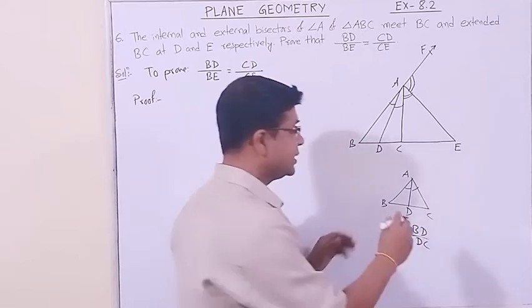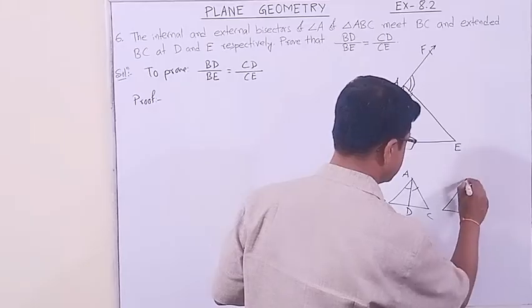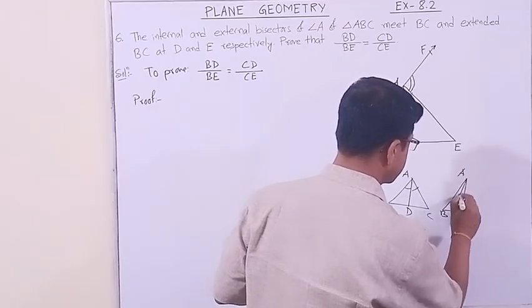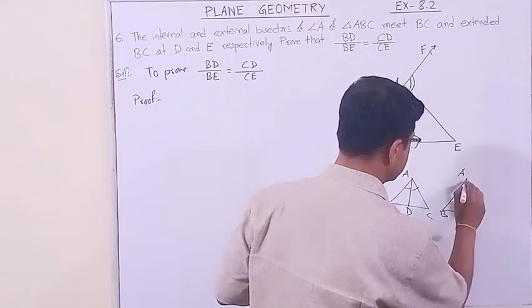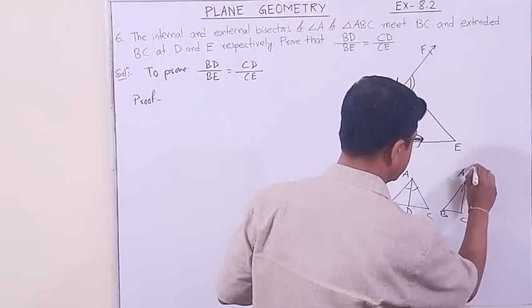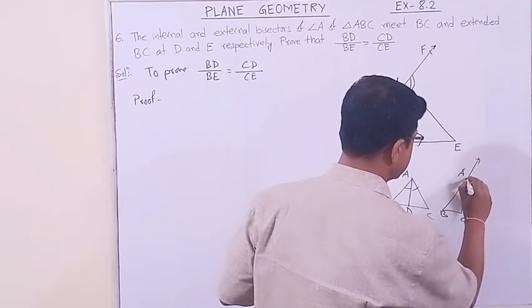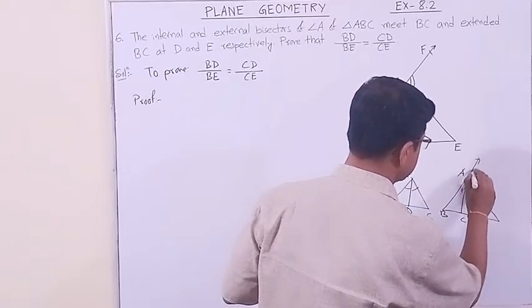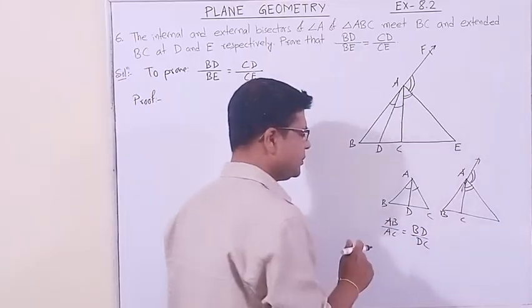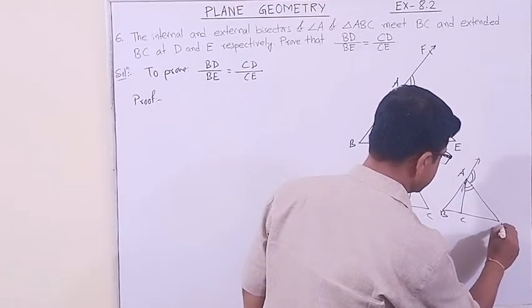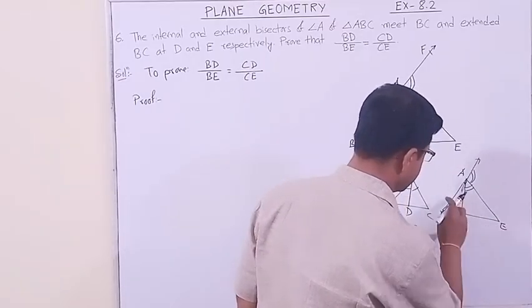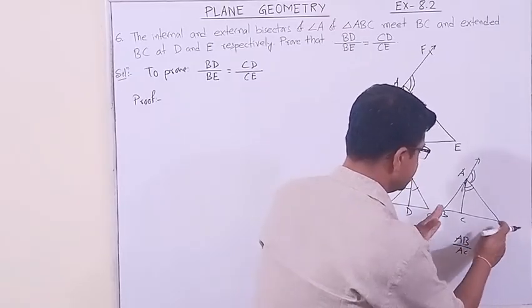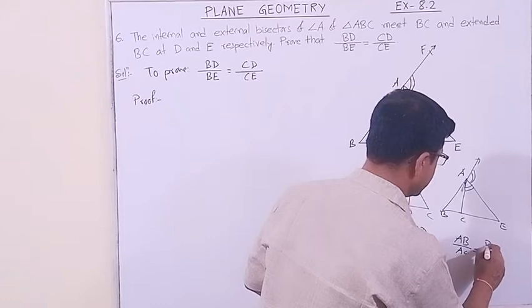And if it is the external bisector, I will write this. If this is the external bisector, suppose this is E, what we have? AB by AC is equal to BE by CE. This part you have to know.